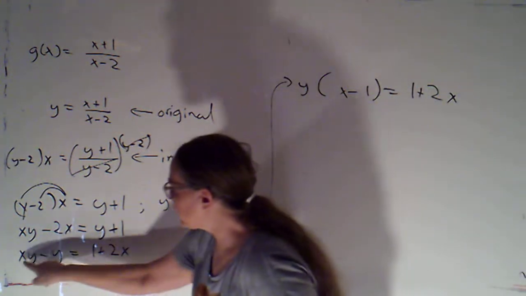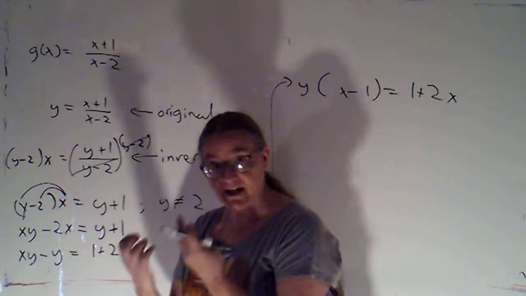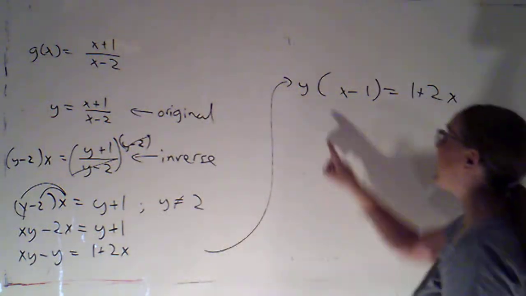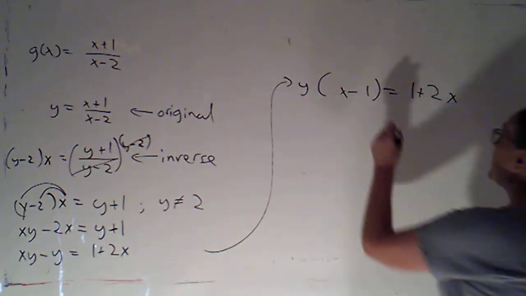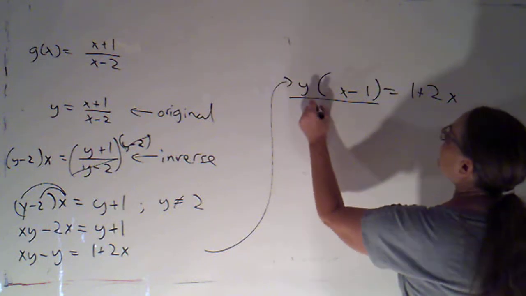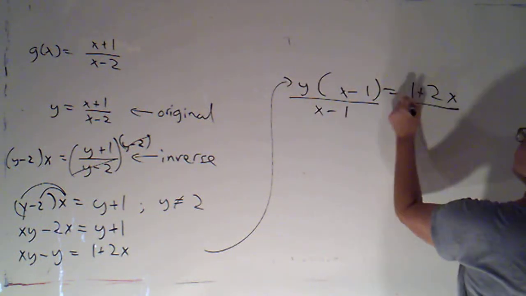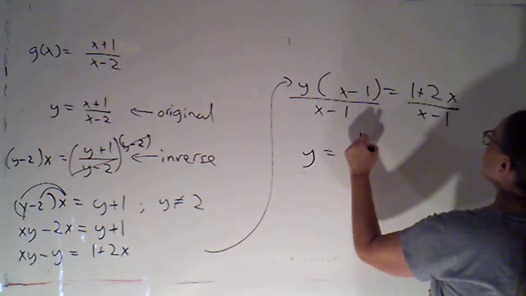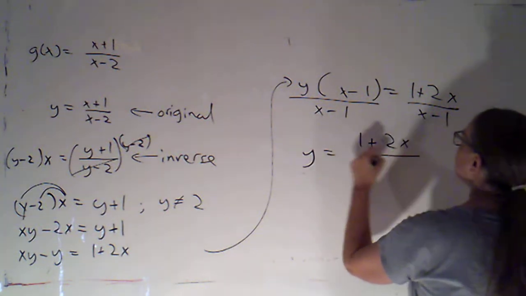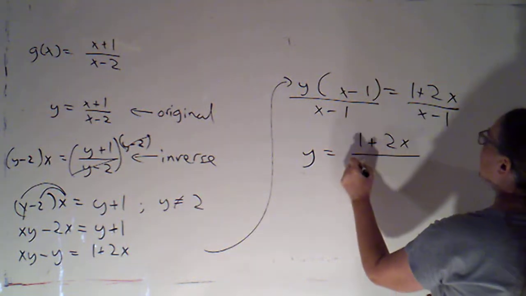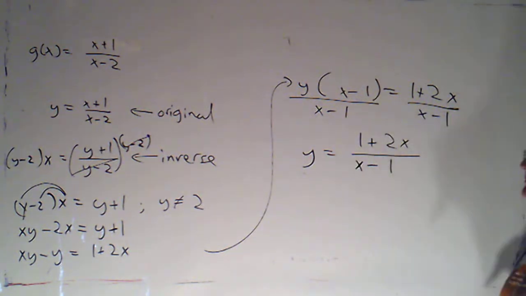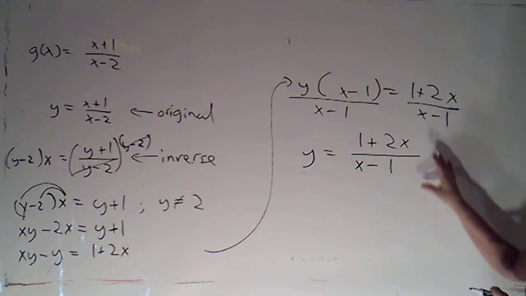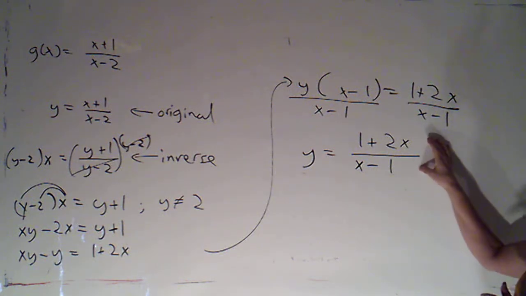Here I had to physically write the symbol y 2 times because it occurred twice. Now I only have to write it once. I can divide through now by x minus 1, and I'll get that y is equal to 1 plus 2x over x minus 1. Kind of cool, okay? So that's my formula.